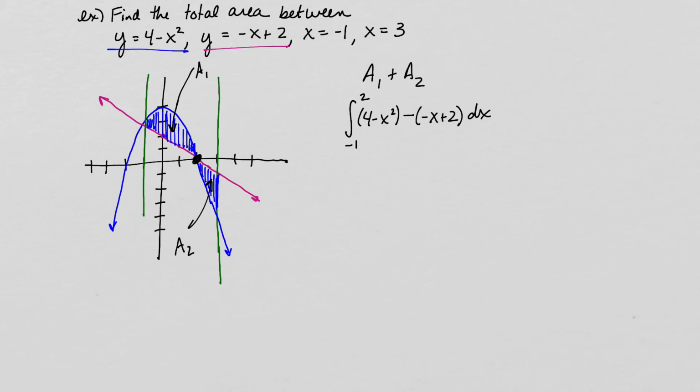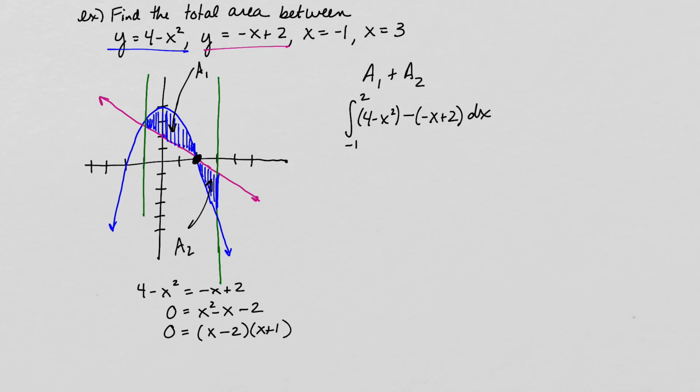Now, if you didn't know that that was 2, you could easily set the two functions equal to each other, right? You could take 4 minus x squared is equal to minus x plus 2. So 0 is going to be equal to x squared minus x minus 2. And then that would factor into x minus 2 times x plus 1.